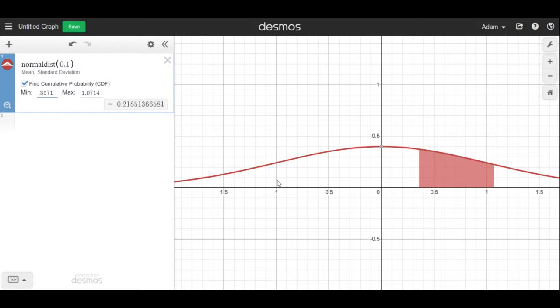So in this case, these are the z-scores. We want the area between this z-score and less than this z-score. That's what we have here, and this gives us the actual value. It's about 0.2185. So if you convert that to a percentage, it'd be about 22%. And that's pretty close to what we have in our slides.